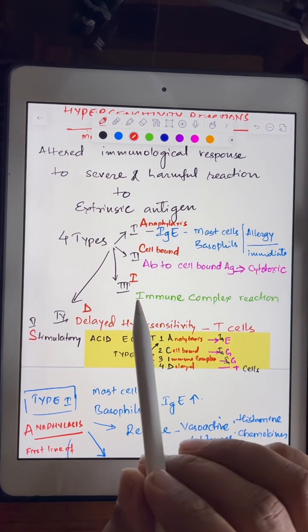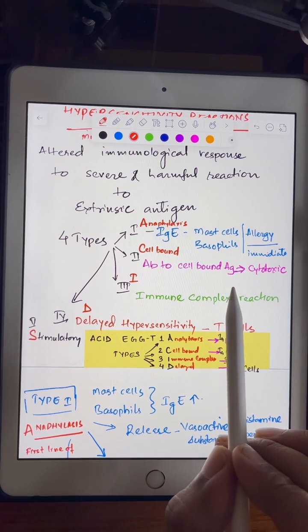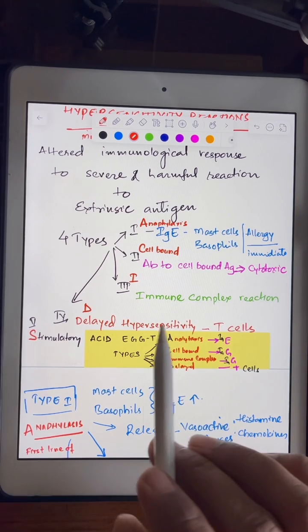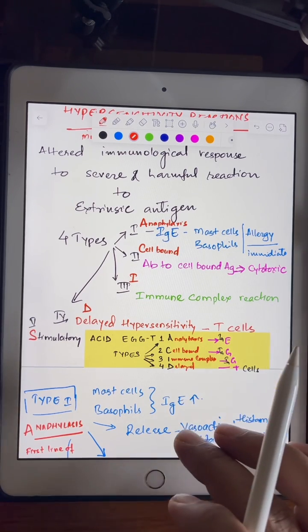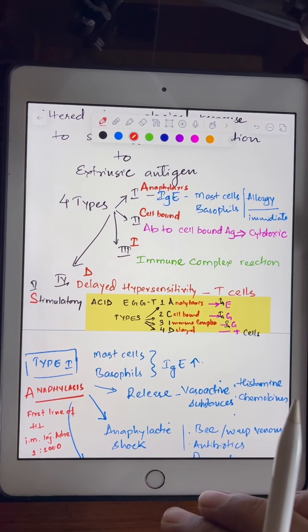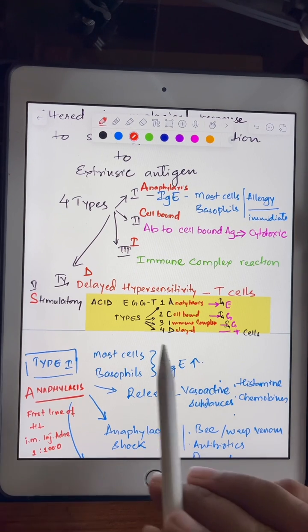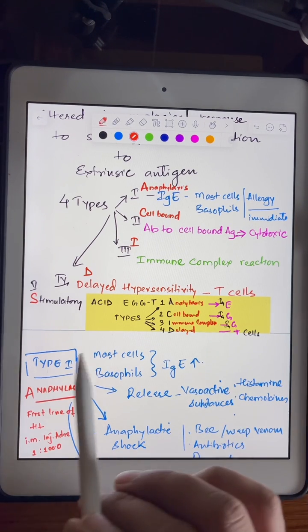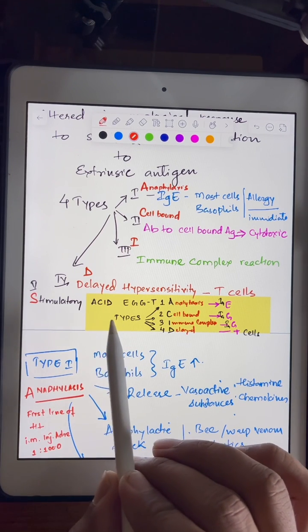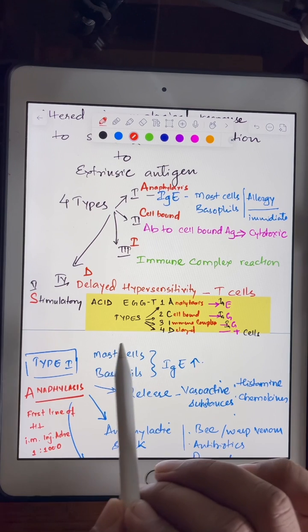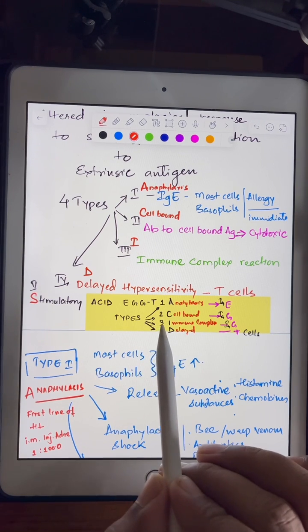The second type is antibody to cell-bound antigen, which is cytotoxic. The third type is immune complex reaction. The fourth type is delayed hypersensitivity, mediated by T cells. And the fifth is stimulatory. Now what is this ACID? Type 1, 2, 3, 4.